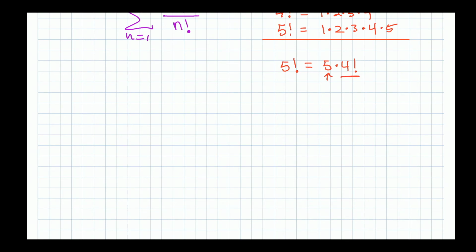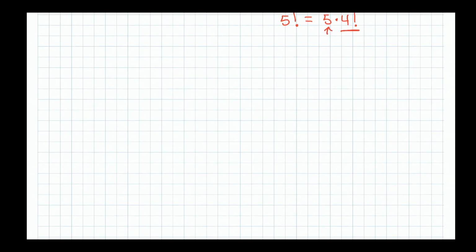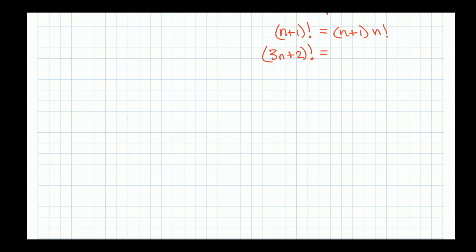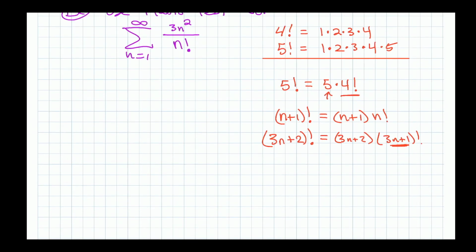And you can do that even when it's n. So if you have (n plus 1) factorial, that's just n plus 1 times n factorial. If you have a bigger one, like (3n plus 2) factorial, you could say that's 3n plus 2 times (3n plus 1) factorial, since this number is 1 less, just like the 4 is 1 less than the 5.